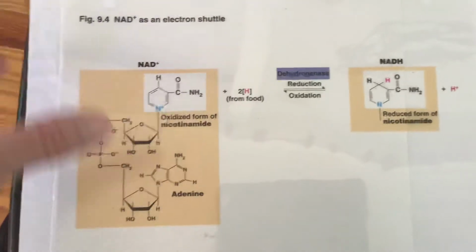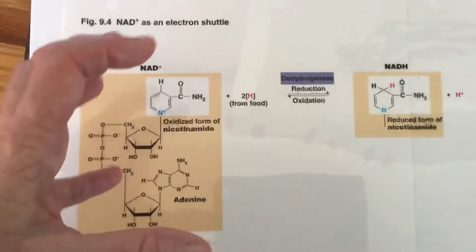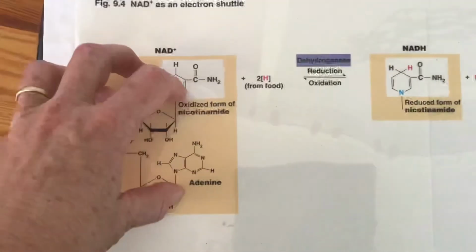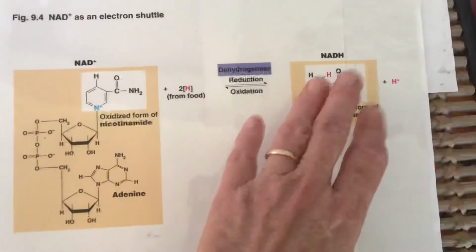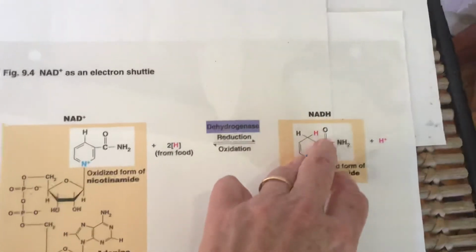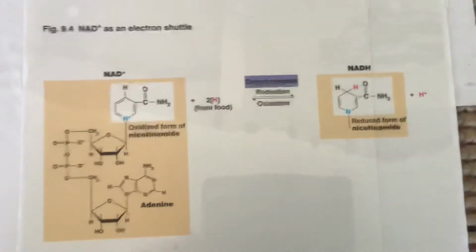They'll be gleaned off a molecule that had a higher energy level, and it's going to keep those electrons at a high energy level in this molecule, NADH, where it can then donate them. In other words, it can become oxidized in that high energy level. And this is going to be an important thing.